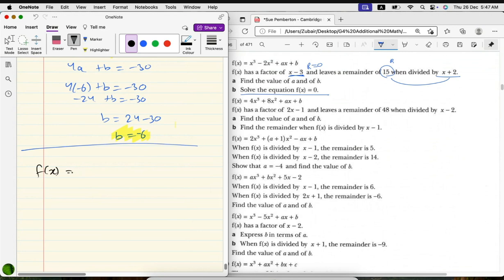f of x is equal to x cubed minus 2x square plus ax plus b.